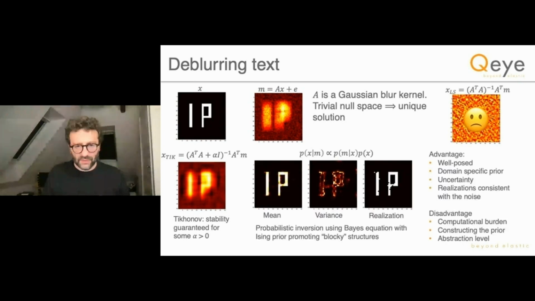Okay, enter the Bayesian equation, or probabilistic inversion. Now we can restrict our solution space by a prior that promotes this blockiness. And in this case, it's the Ising model, well known from physics. And the solution is now a PDF, and we can find the mean, and we can find the variance, and we can draw realizations.